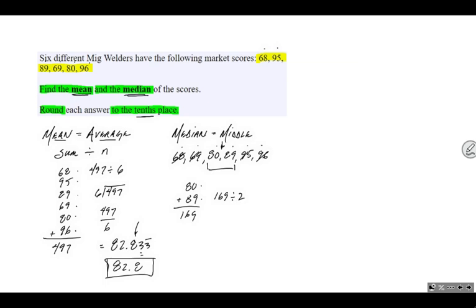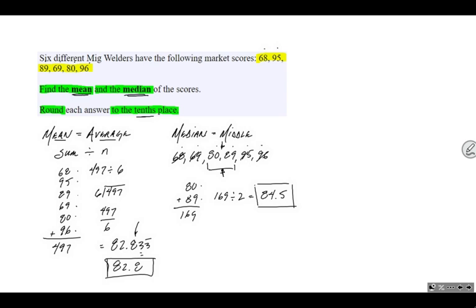So 169 divided by 2 turns out to be 84.5, and that is our median of this list. And if we look at this right here, does that make sense? 84.5? Yes, it does. It's exactly halfway between 80 and 89. And so the median value of this list of 6 numbers is 84.5.